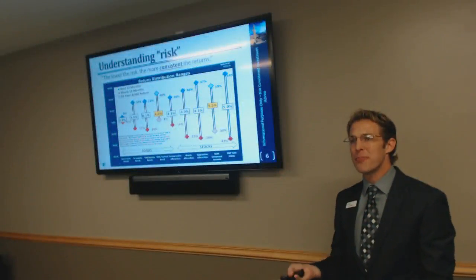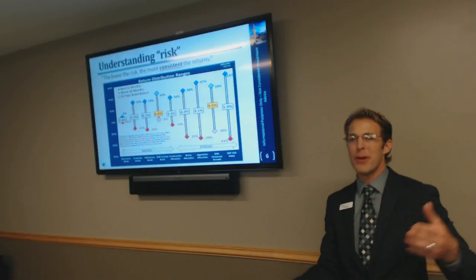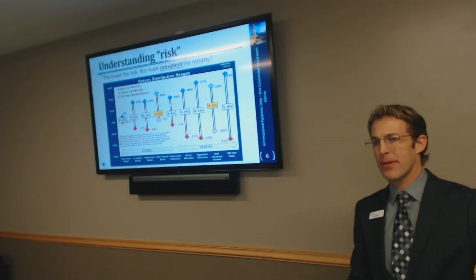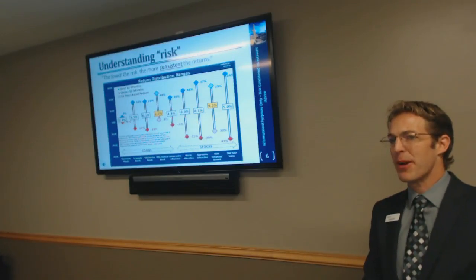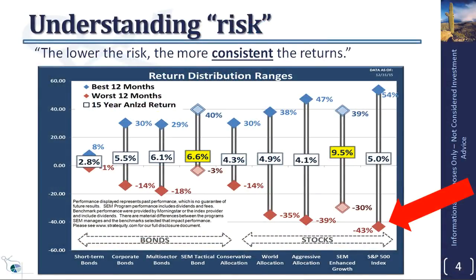The potential upside of the S&P based on where we're at right now is everywhere from 0 to, let's call it, 6. That's your potential upside. Your potential downside is 43%. That's based on the historical range of returns. It's happened. In fact, it hit 50% twice in the last 15 years.